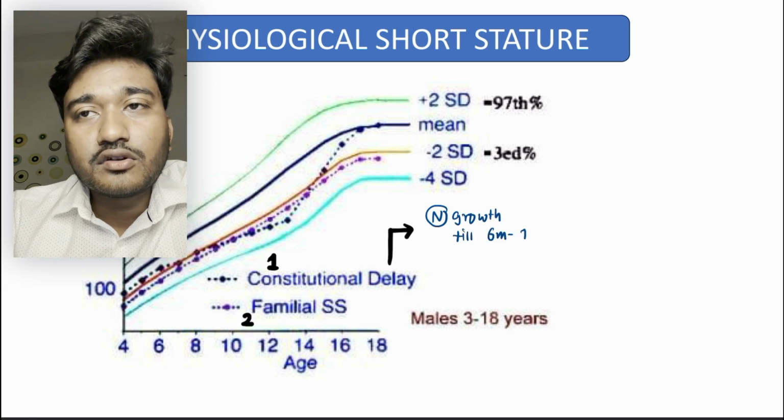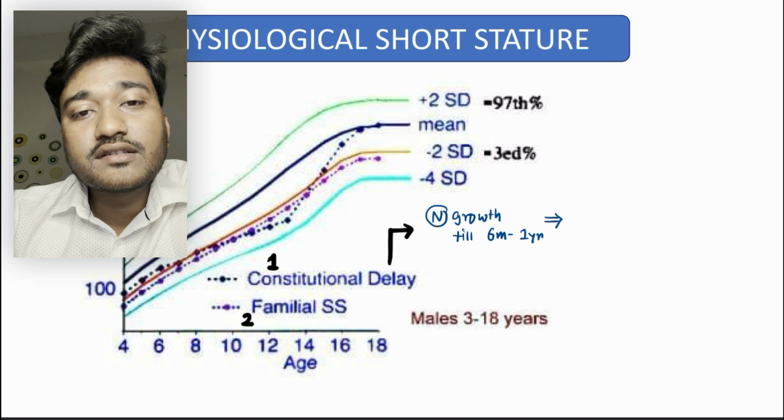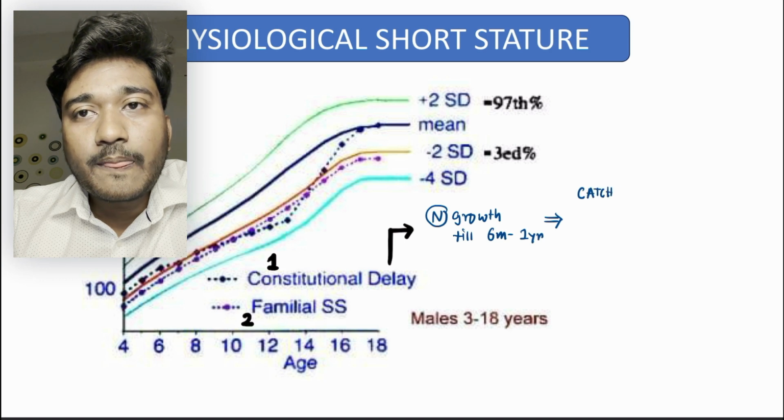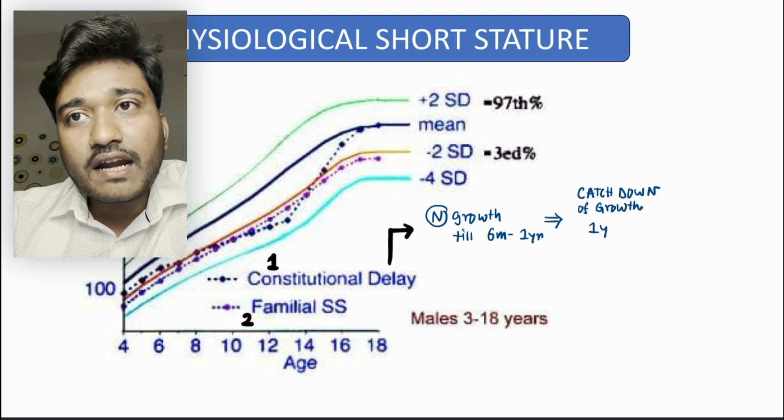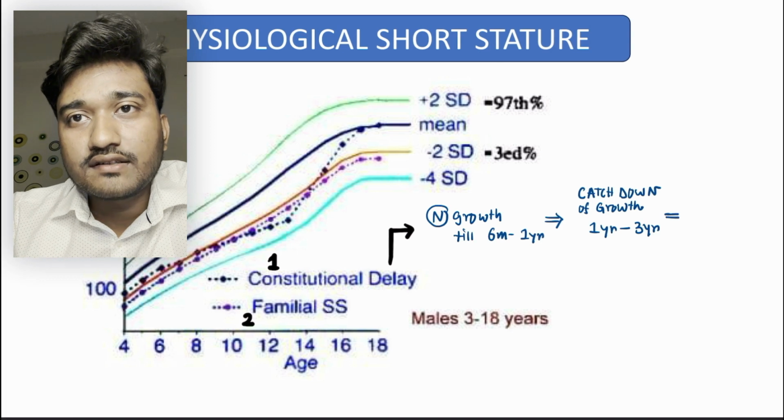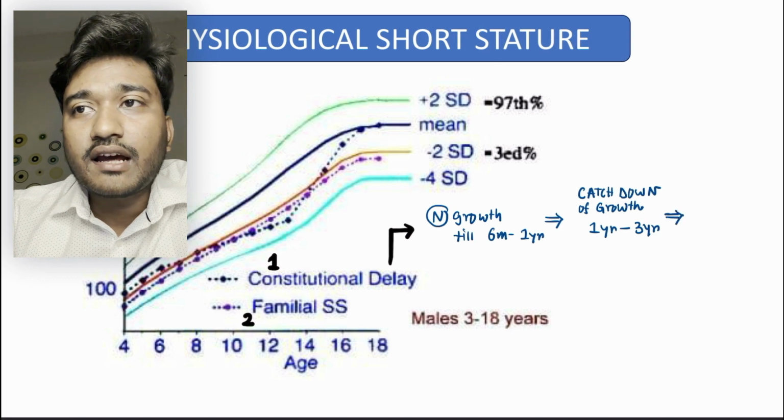Look here, there is normal growth till 6 months to 1 year of age. Then there is catch-down of growth at 1 to 3 years of age. Then after 3 years, the growth is below the third centile, but it becomes parallel to the third centile. You can see from the curve.